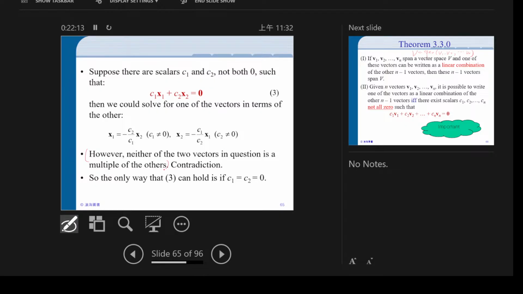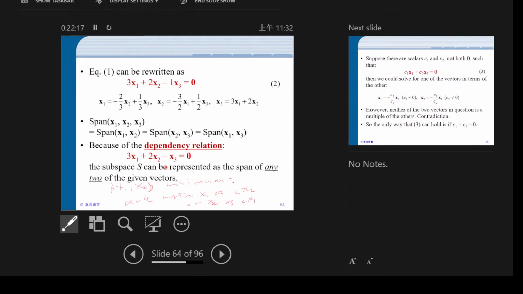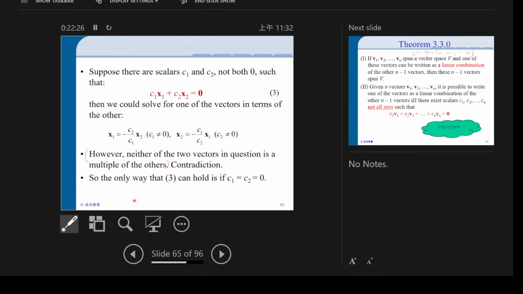Okay, and then we prove this in the other direction. We already know this is minimal, and we have the observation here that if this is minimal, then we cannot find c1x1 plus c2x2 equals 0 with non-zero c1, c2. And then here is the proof.